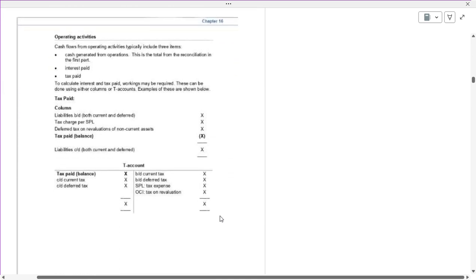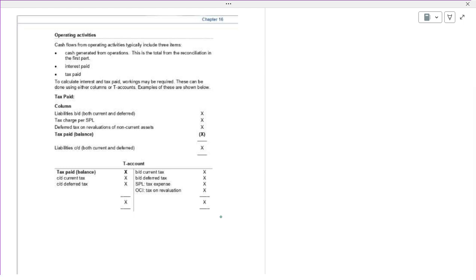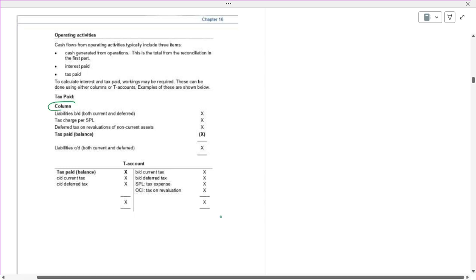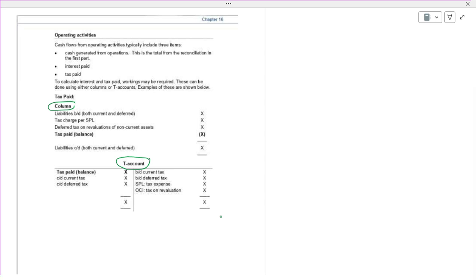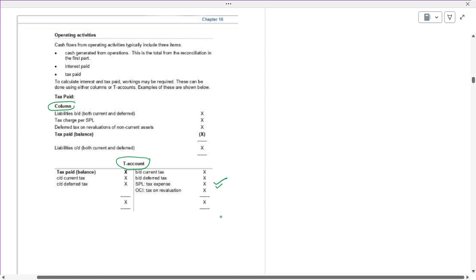Now, there are two ways. You can put it in column format, or you can put it in a T account.